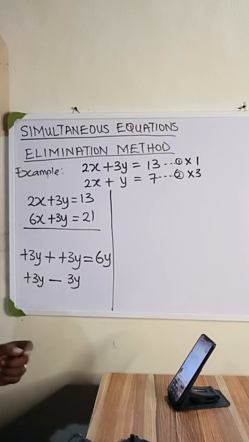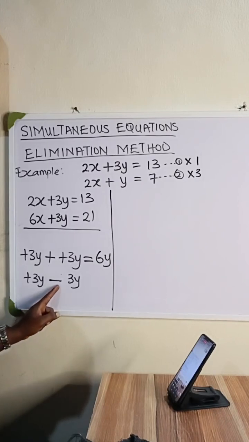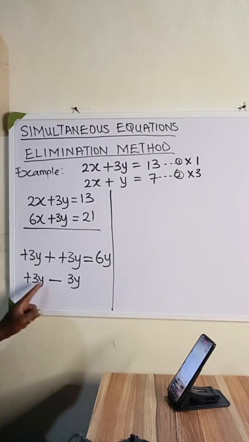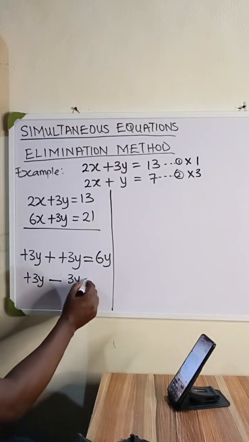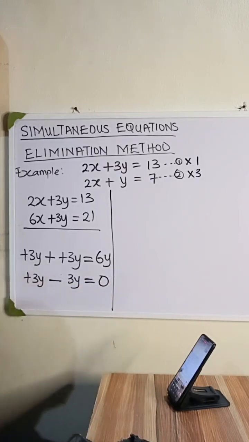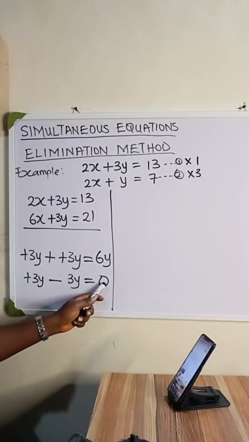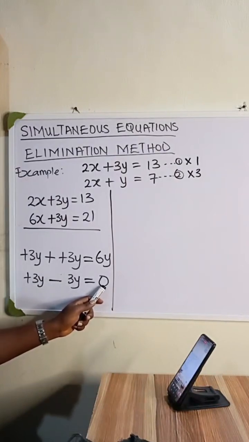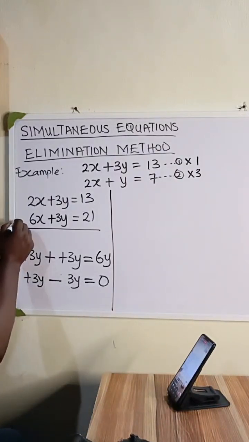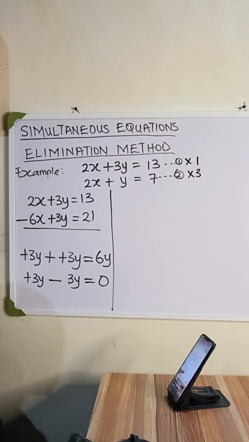When the signs are different, we are going to have minus. So now you have plus 3y minus 3y, and that will give us 0. So since we have 0 here, that means we are going to go with minus, because we stick to the one that makes us have 0, and minus makes us have 0.